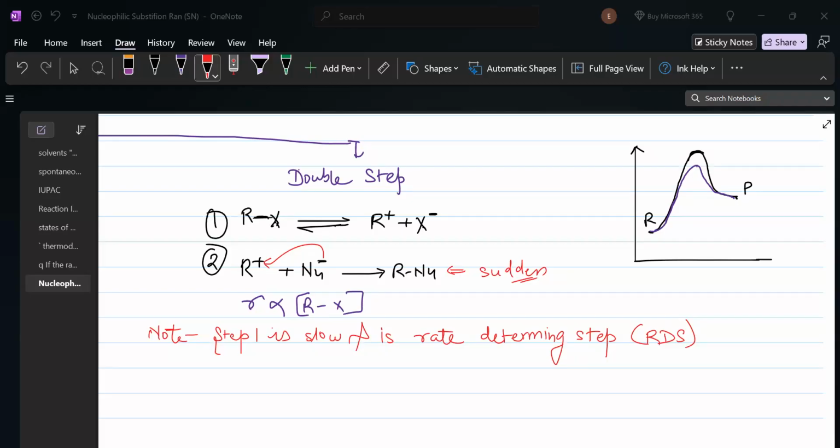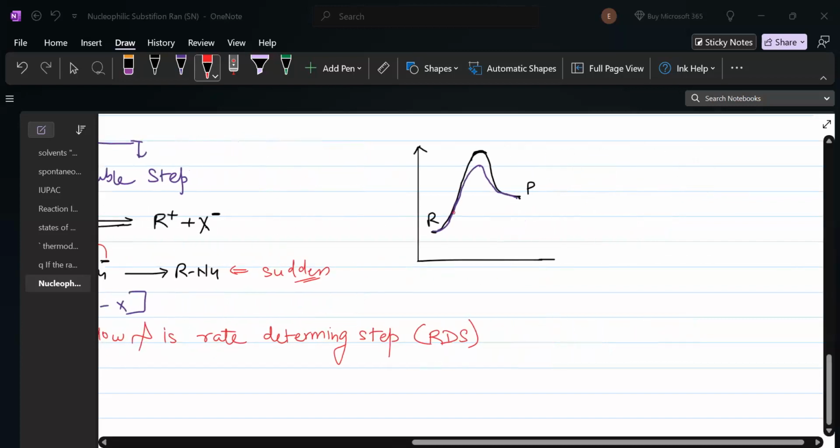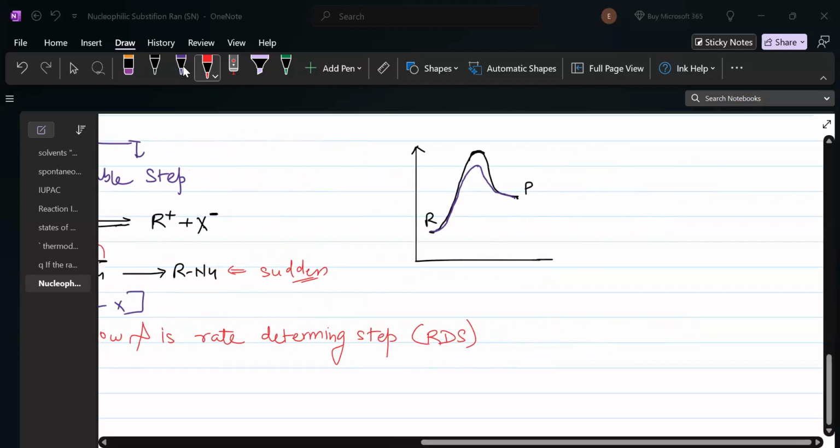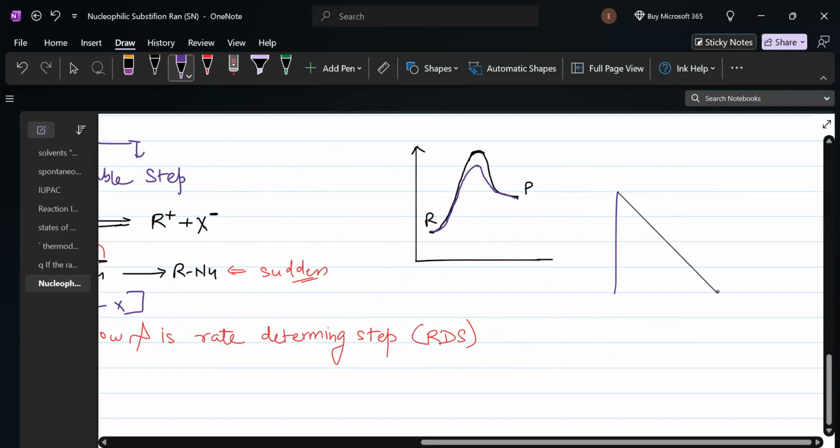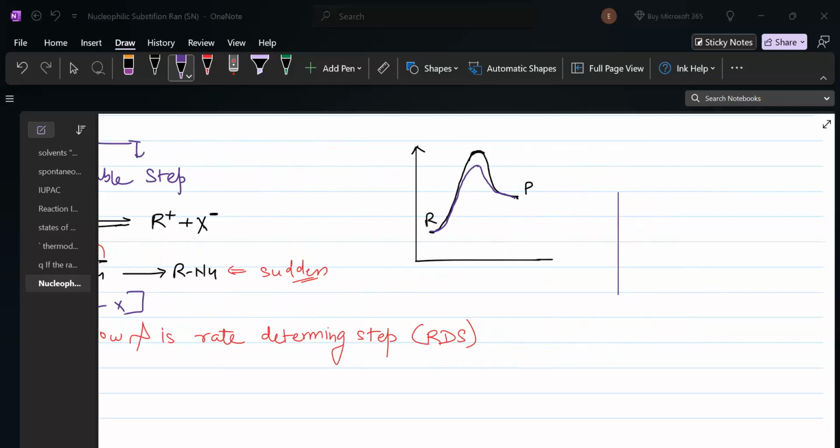Sufyan, you got this graph? You have understood this graph? Yes, sir. Rate determining step, by definition, you have to understand from the chemical kinetics point of view, but you don't have to go into much detail yet.